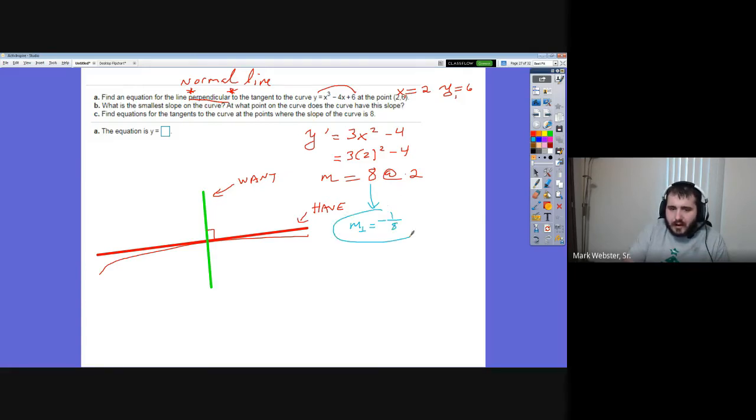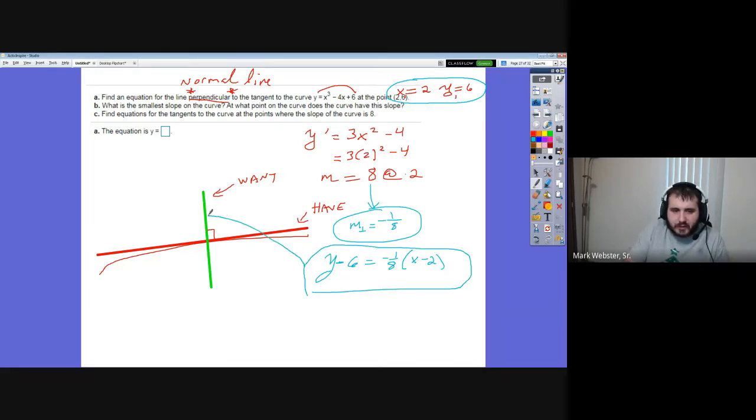So the slope that we care about is -1/8. The point that it's happening is 2, 6. So now I can write my equation, y minus y1 equals the appropriate slope times x minus x1. Voila! That's this guy.